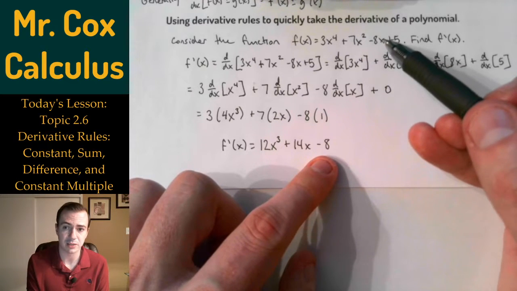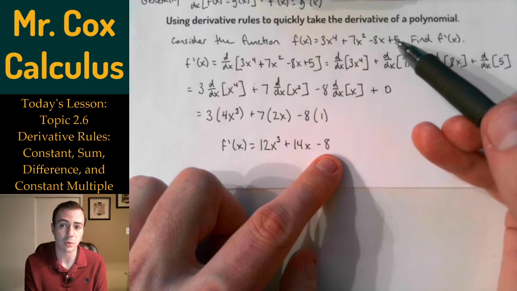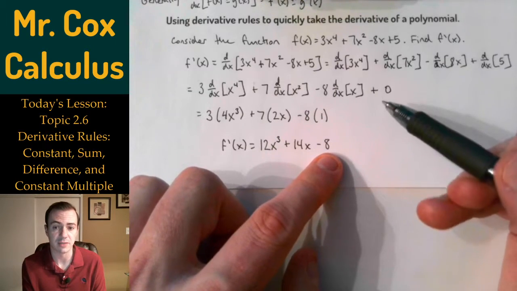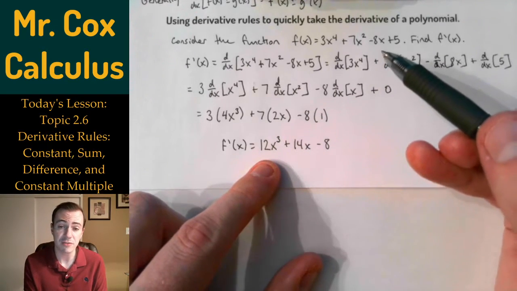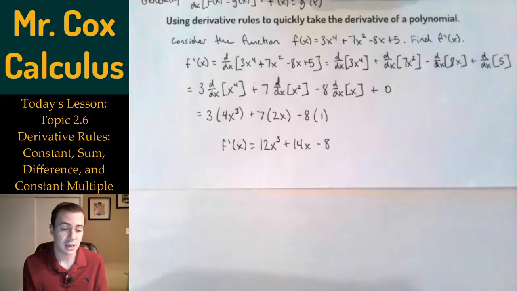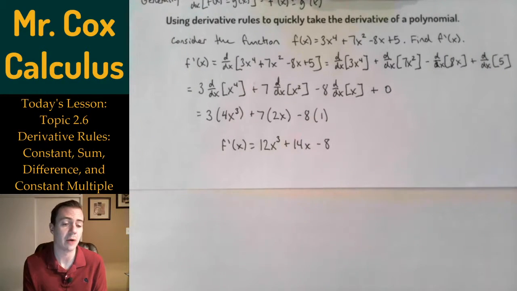Don't do that, because the power rule knocked it down to x to the 0. And it's also a real common thing to leave the plus 5 because you're not sure what to do with it. The derivative of that constant value was 0. So in the future, you will be able to go from here to here in a single step. Just make sure you understood that this was really what was allowing you to do that.